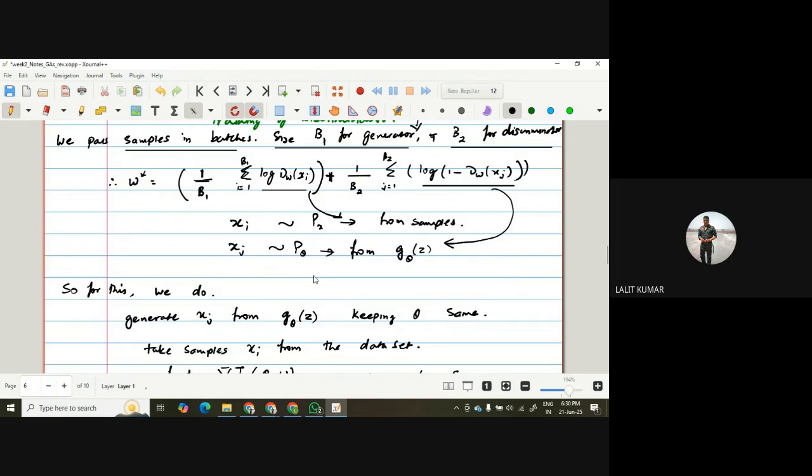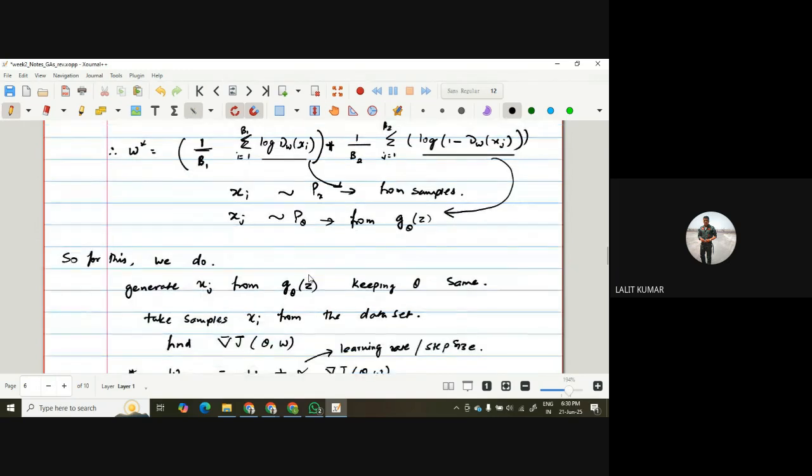So what do we do? We generate this xj from g theta z. We keep the theta fixed. I'll cover it here.